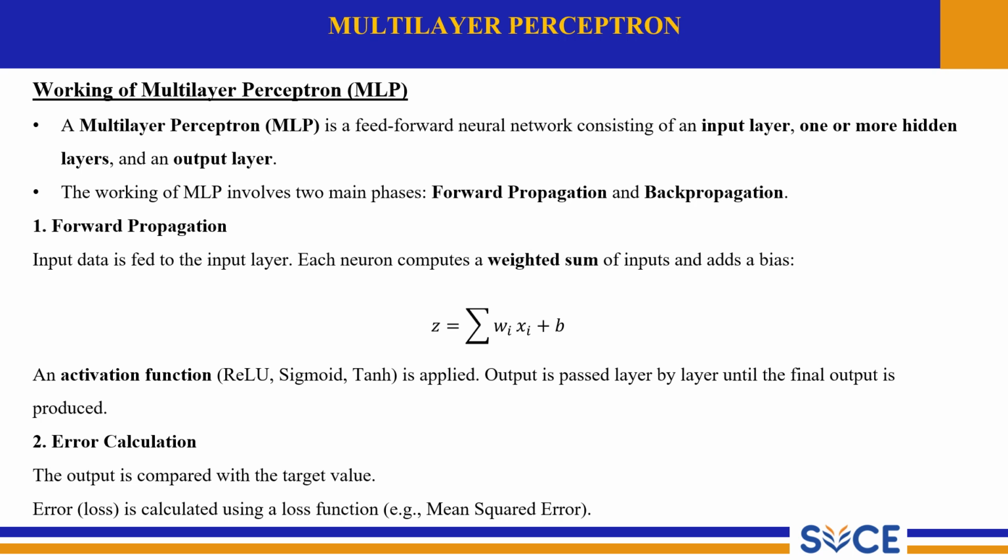This error quantifies how far the network's predictions are from the actual target values and serves as a guide for adjusting the network during training. So forward propagation allows the network to make predictions based on input data, and the calculated error will later be used in back propagation to update the weights and improve the network's performance.